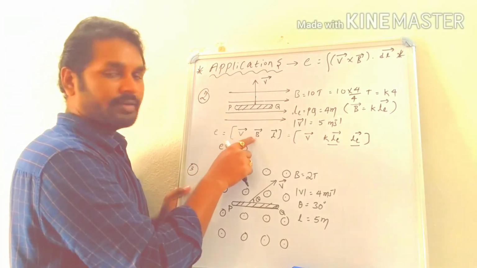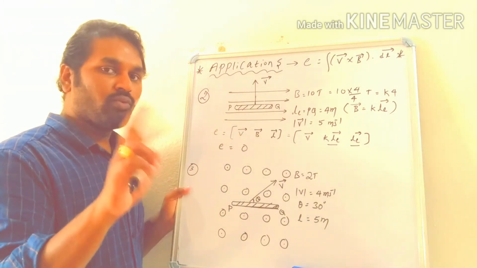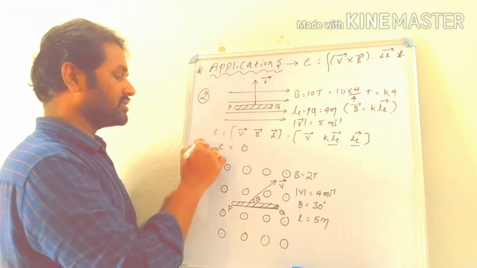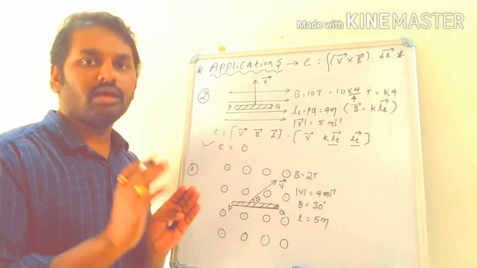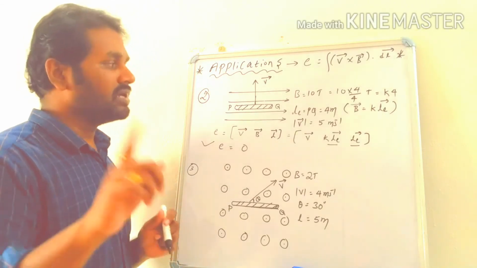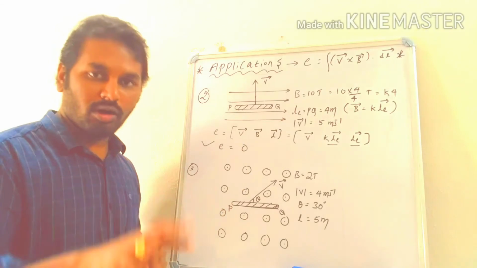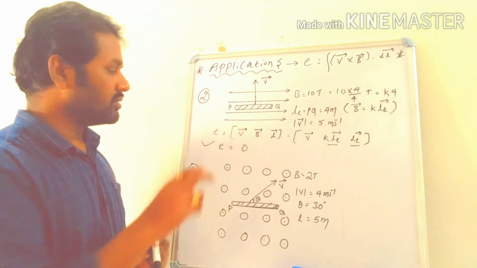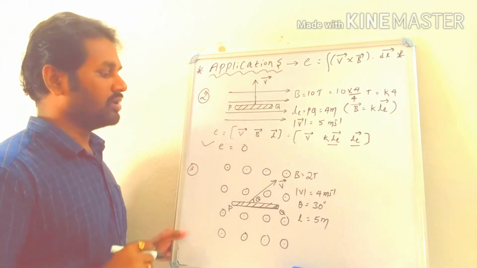If any pair is parallel to each other, you will get the result how much? 0. Very important. By looking at the question, we can take the answer induced EMF is equal to 0. The reason is B bar is parallel to L bar. Out of 3, 2 vectors parallel, the result is 0. Okay, you got the answer 0.